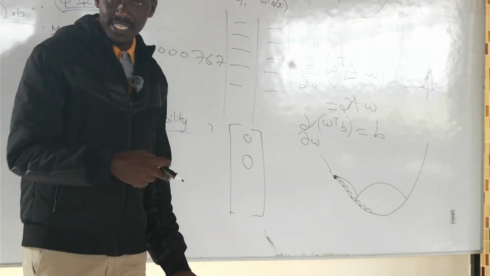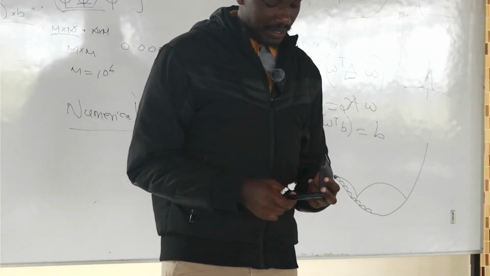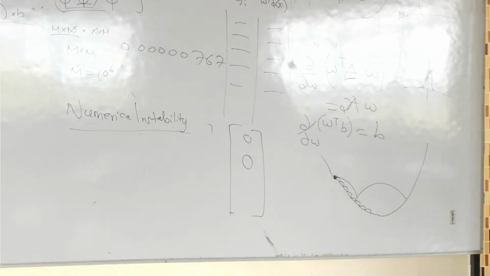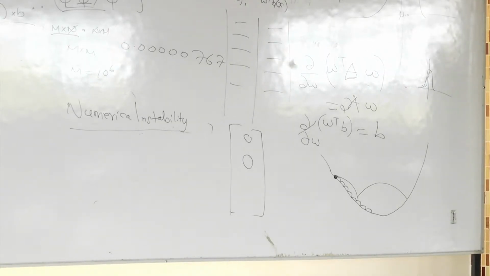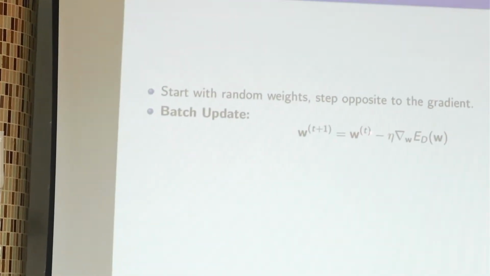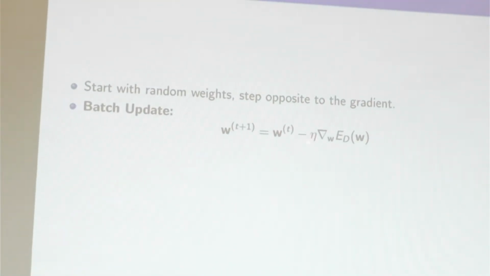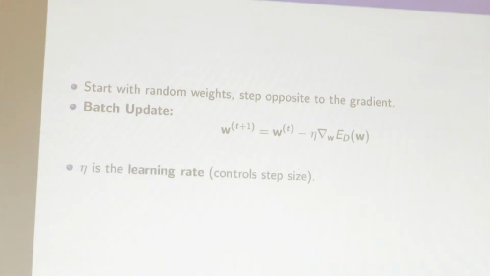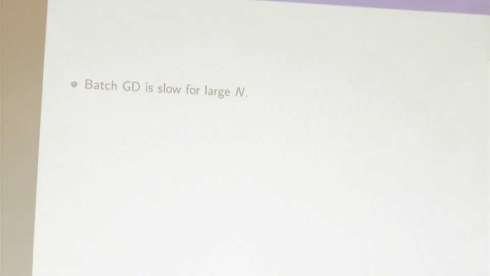If not, you take another step. It's a very iterative process, and how slow or fast it is is determined by the learning rate. So you begin with the initial weights, subtract the gradient multiplied by the learning rate, and then you update. It controls the step size.